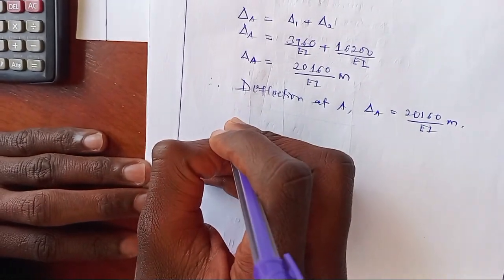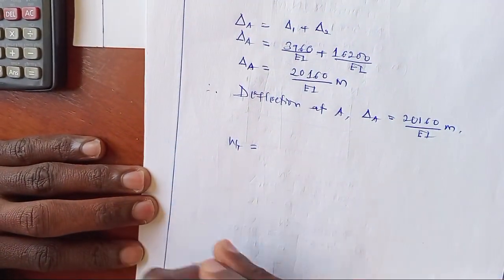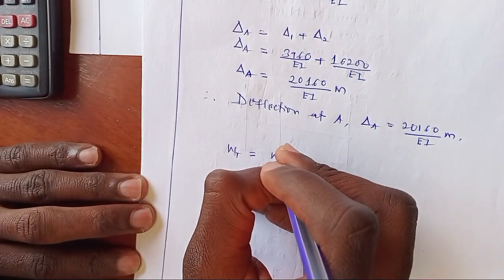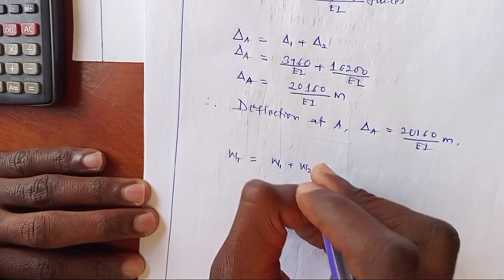Internal energy, total internal energy. The total internal energy of the system will be the energy for section 1 plus the energy for section 2.